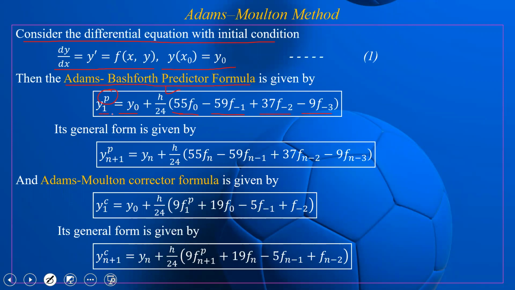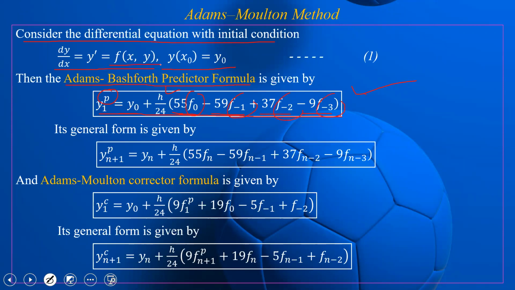So this is the formula. This can be obtained with the help of Newton's forward and backward formula. So no need to establish the formula, but we should know the formula for the Adams-Bashforth predictor. Here, what are f0, f(-1), f(-2), and f(-3)?